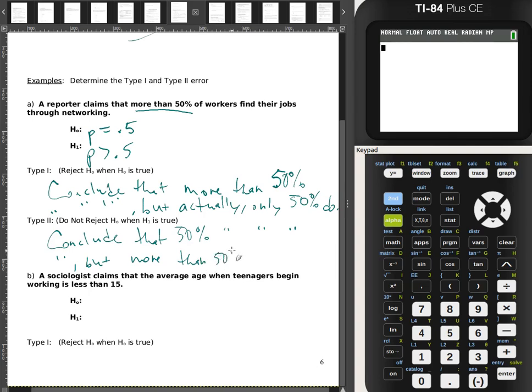And a lot of these examples, it's kind of goofy to think about these errors because they don't seem like that bad of errors. Who cares really if more than 50% of people find their jobs through networking or less, or it's equal? It's not really that impactful.